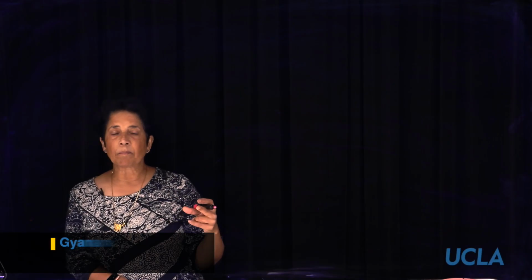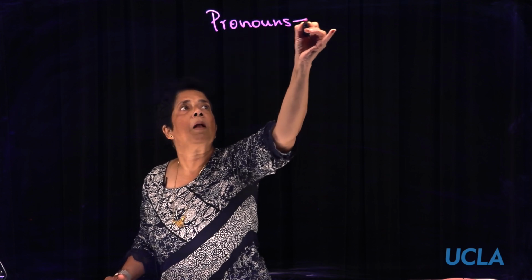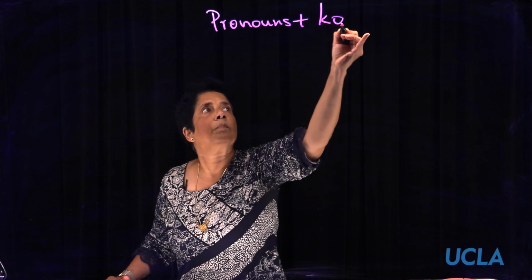So in this segment, what we're going to do is take the set of postpositions, or actually the equivalent of ko, whether it is in subject position or as a recipient or as a specificity marker. So what I'm talking about is pronouns plus ko. Okay?